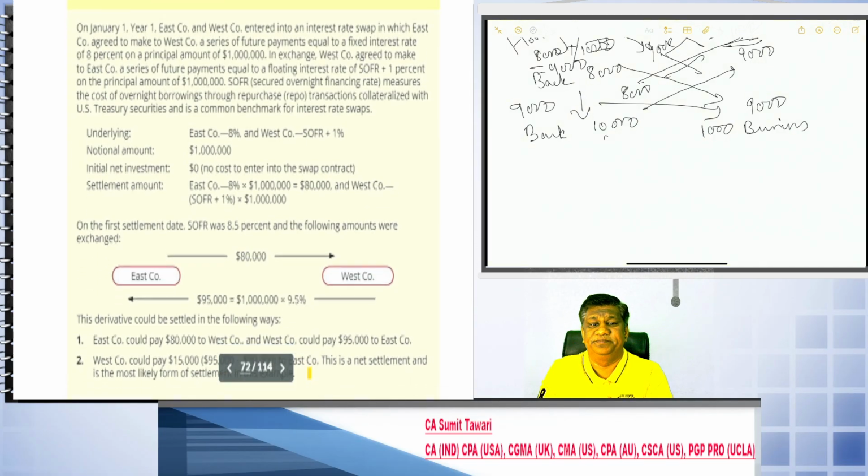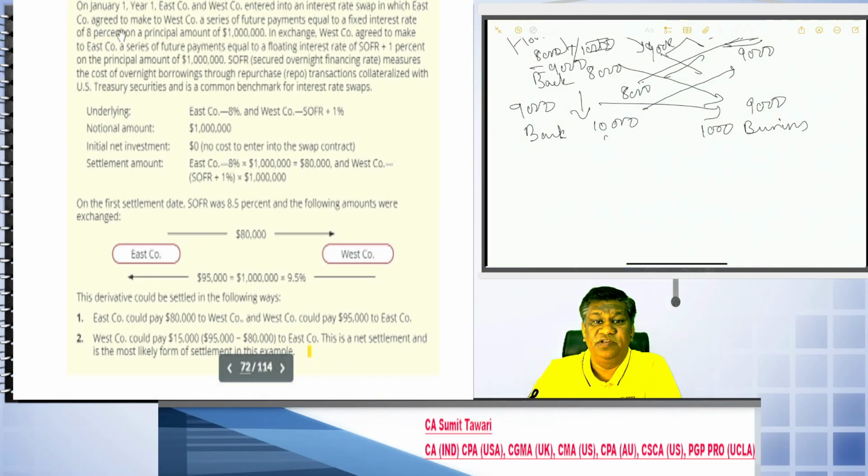Yes. On January 1, year 1, East Company and West Company entered into an interest rate swap in which East Company agreed to make West Company a series of future payments equal to the fixed interest rate of 8% on a principal amount. In exchange, West Company agreed to make East Company a series of future payments equal to the floating interest rate of SOFR plus 1% of the principal amount.